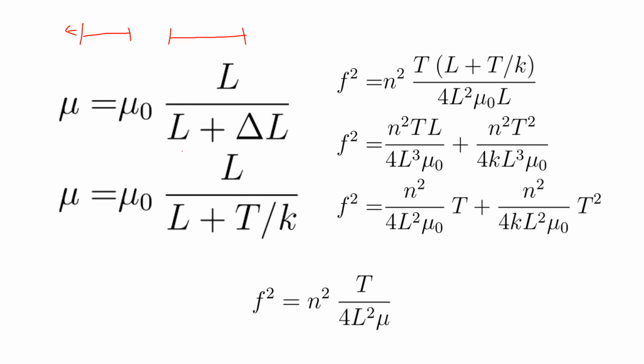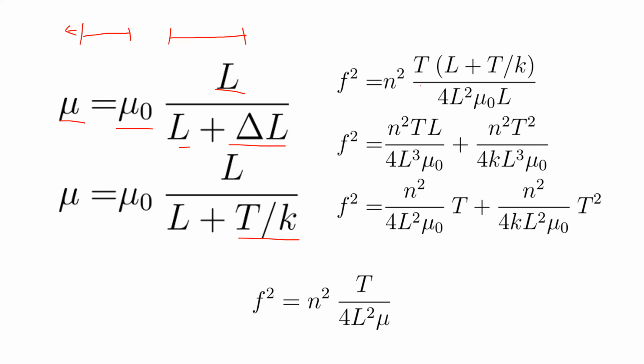As you can see, first of all, the linear density we used before is actually equal to an average linear density times the length of the string divided by the length plus a tiny change of length. This tiny change is actually the tension divided by the spring constant of this string.